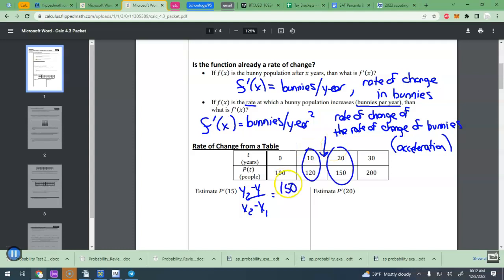So I go 150 minus 120 over 20 minus 10. That'd be 30 over 10, so that would be 3. What would the label be on that one? We're at the velocity level, the derivative level, and our units are people and years, so that would be people per year.